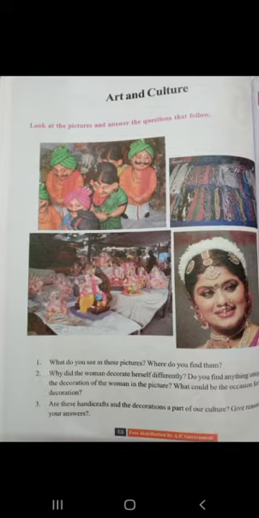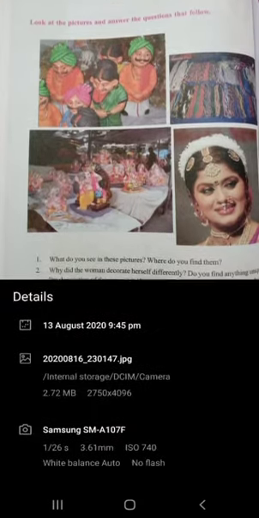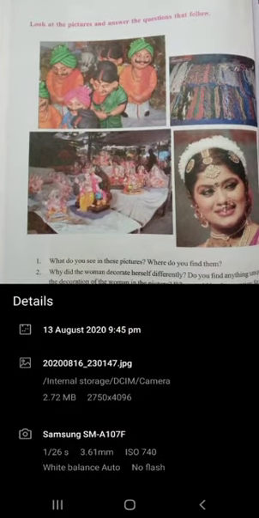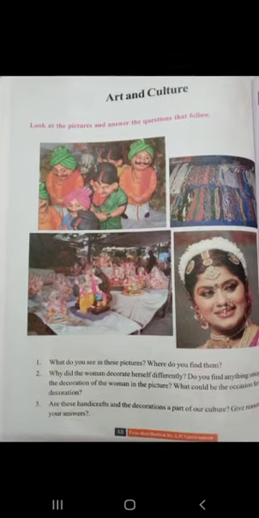We can tell that the woman is going to perform in a dance program, so she made up herself differently. That woman appears to be very Indian in her appearance.